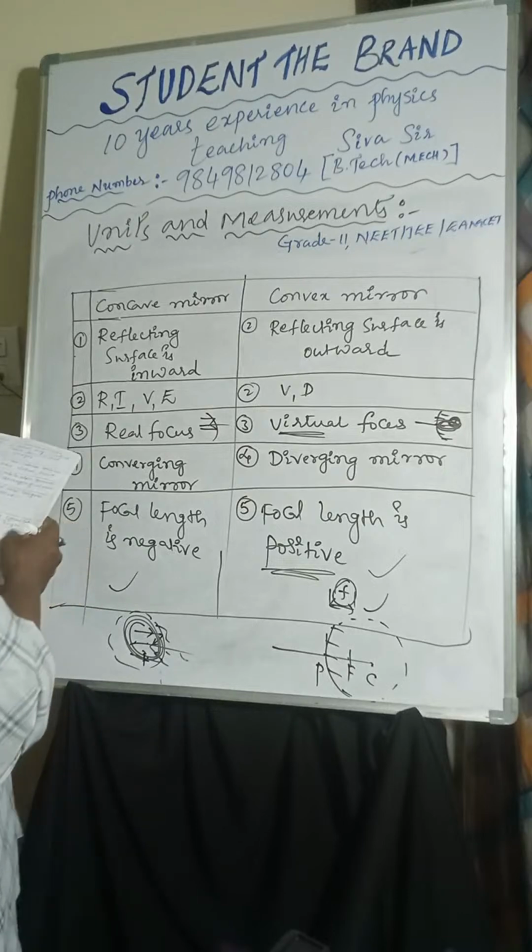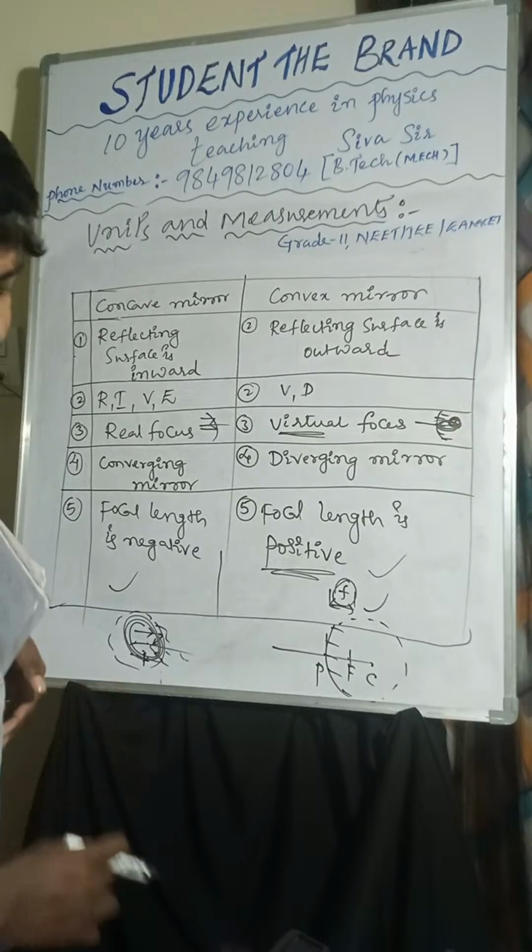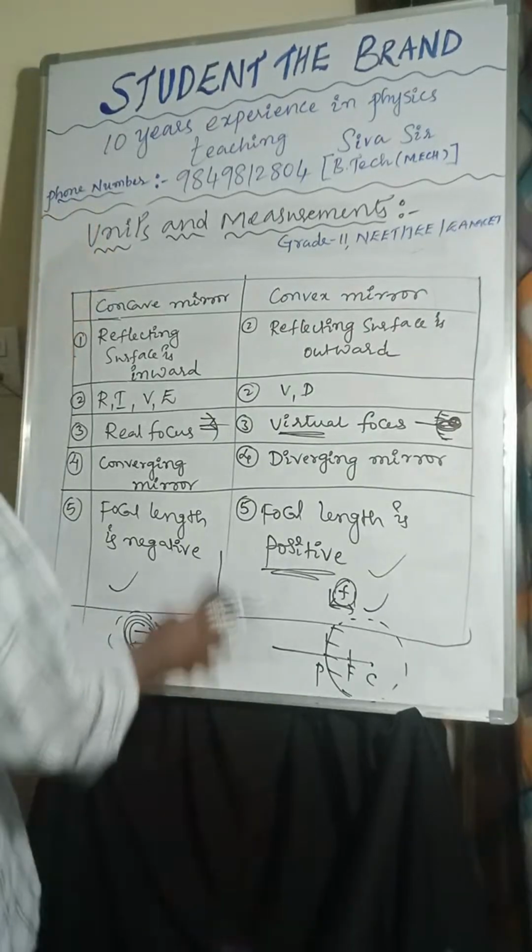Next one. The radius of curvature of a spherical mirror is 20 centimeter. What is its focal length? So next we are going to find the answer to this problem. I hope it is clear to you all. So I am rubbing the board.